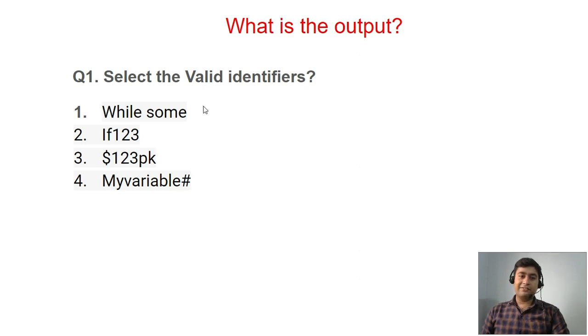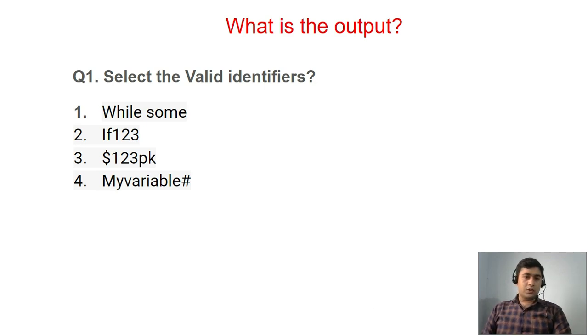Here you have to select the valid identifier. While sum is invalid. If123, where if is followed by numbers, dollar123pk. Among these you have to select the valid identifiers, and please comment in the discussion so that I can understand how much you understood about identifiers.